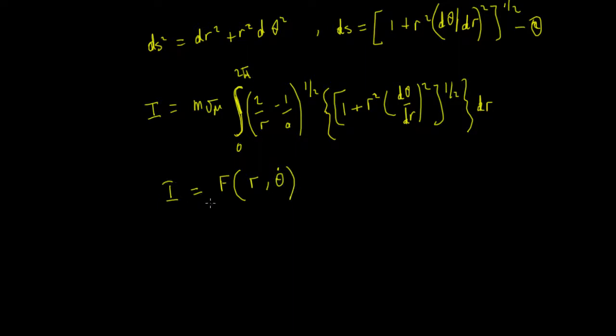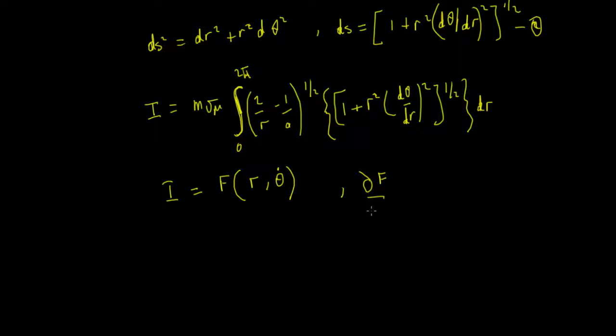So we've got a functional where the independent variable is r, and there's only an explicit variation on the value of our theta derivative. So we can then simplify the Euler-Lagrange.